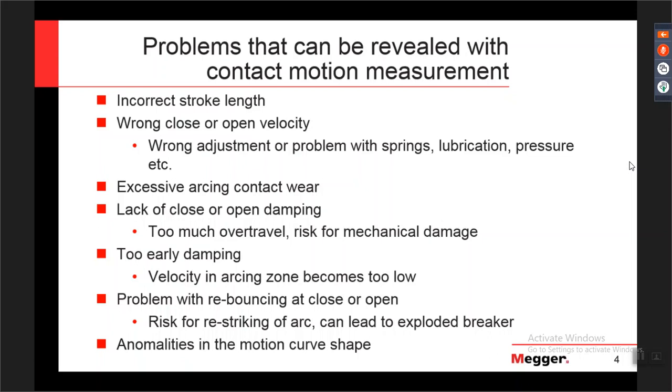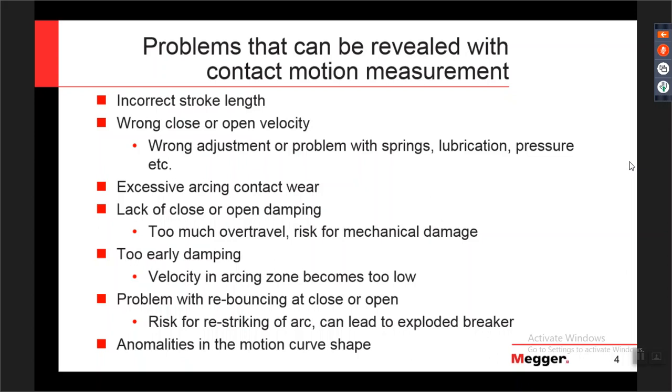Another thing you can reveal is excessive arcing contact wear, and lack of close and open damping. That's a very serious thing with a circuit breaker that can cause big mechanical damage if it continues and gets worse and worse.